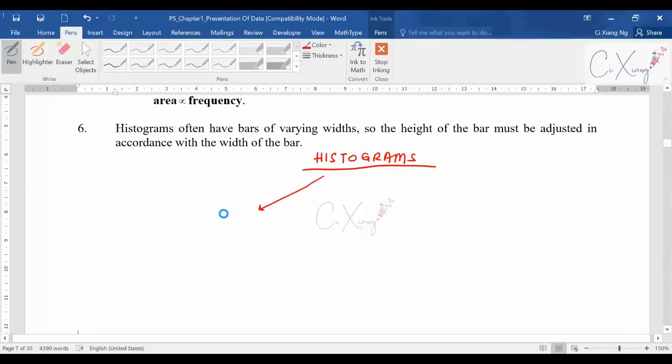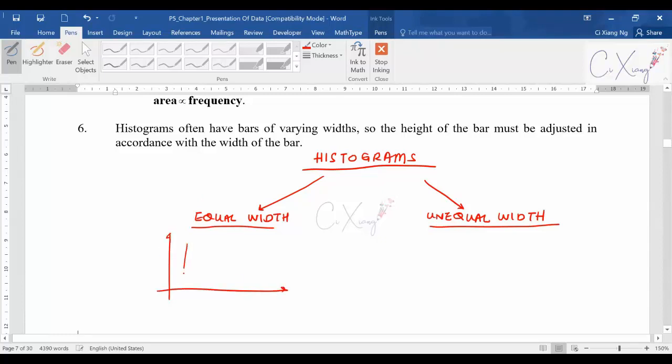Generally we have the equal width histogram, and another type required is the unequal width histogram. The equal width histogram is something that you learned previously in SPM or maybe IGCSE.